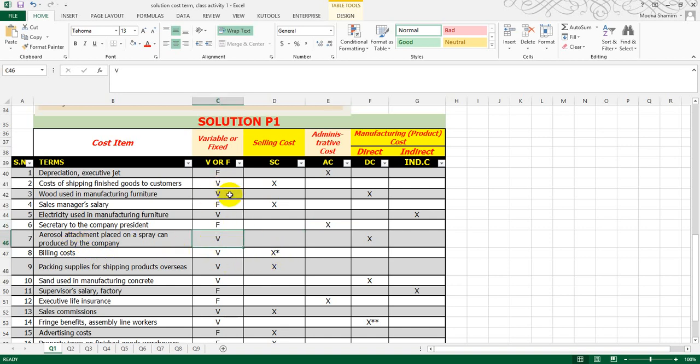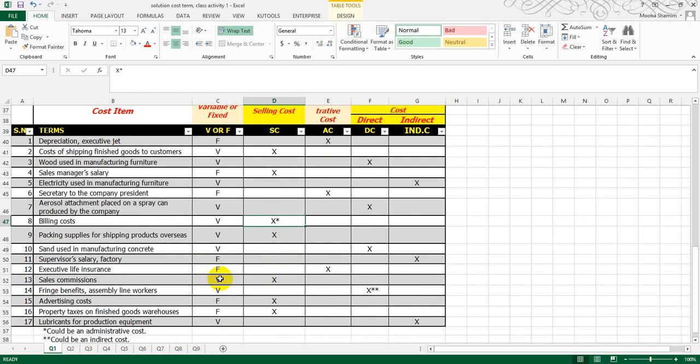Aerosol attachment placed on a spray can produced by the company is a variable cost, and we will treat it as a direct cost because it is directly related with manufacturing the product. Billing cost, I've already told you billing cost is variable in nature. We are treating billing cost as a selling cost. It could be admin as well.